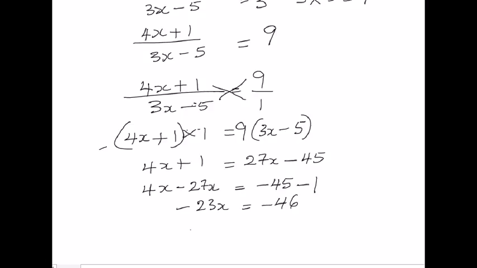So the next thing is to divide both sides by minus 23. So we are going to have minus 23x all over minus 23. Everything will be equals minus 46 all over minus 23.